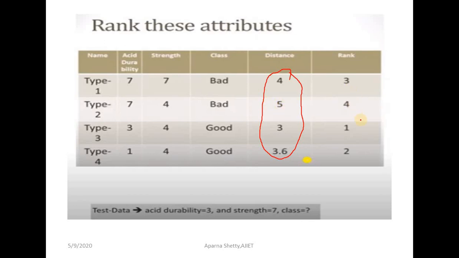So based on the distance, in that order you will rank these records. For this test data, the first nearest neighbor is this one. The second nearest neighbor is this. The third nearest neighbor will be 4, and finally the fourth nearest neighbor will be this one.